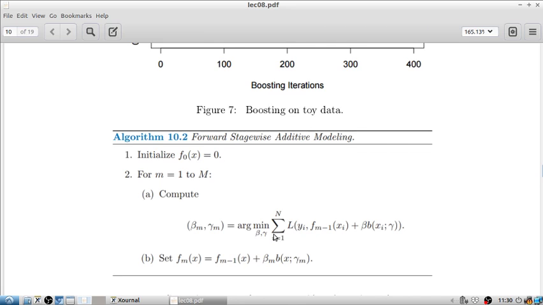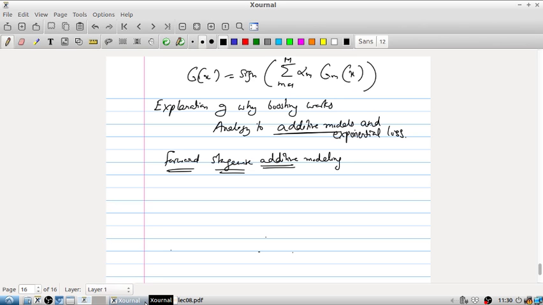So in step A, it's saying compute, let me just initialize some aspect. In forward stage-wise additive modeling, you are also finding the same thing.